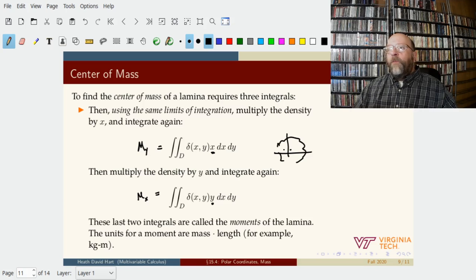then we're trying to find out how much mass is distributed on the right half of the y-axis and how much is distributed on the left half of the y-axis. But the further away that mass is distributed, the more torque it exerts, the more leverage it exerts on the y-axis.